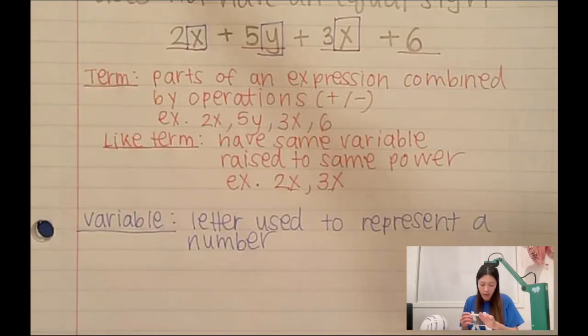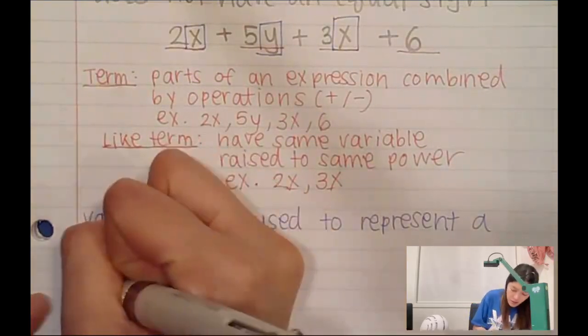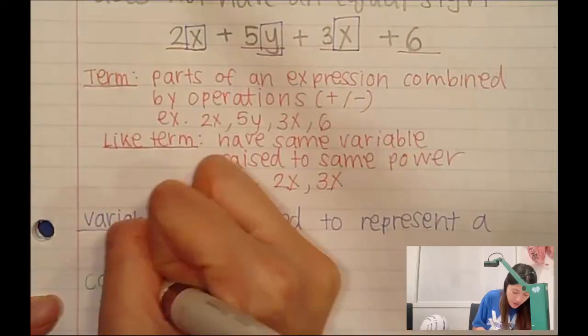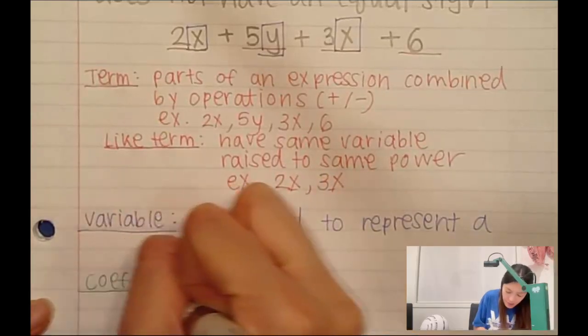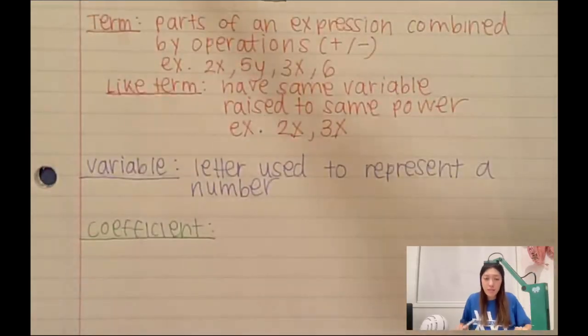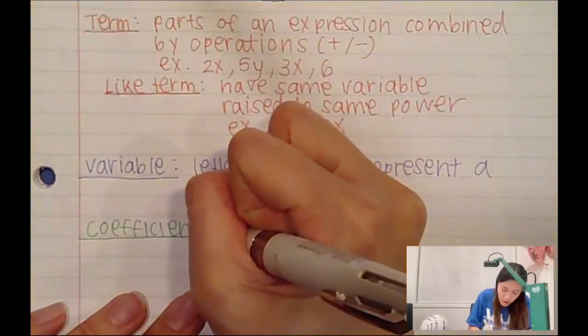Along with that, we have the word coefficient. You'll notice that we have numbers in front of our variables. Those are called your coefficient. Again, you've seen all of these terms before in 6th grade, so hopefully they're not brand new.